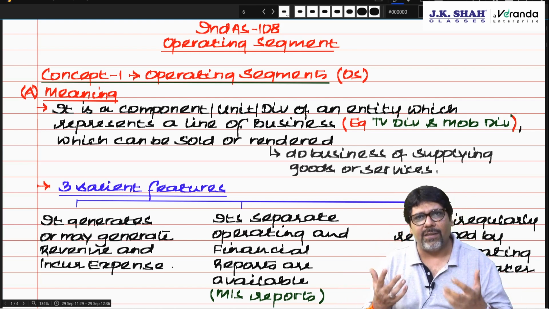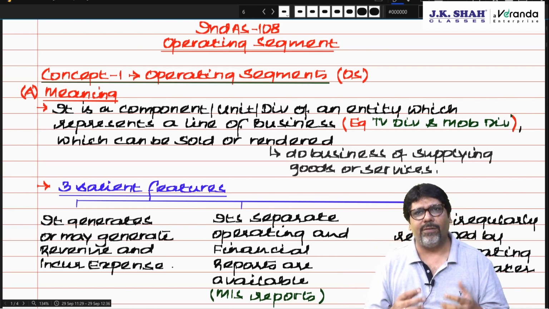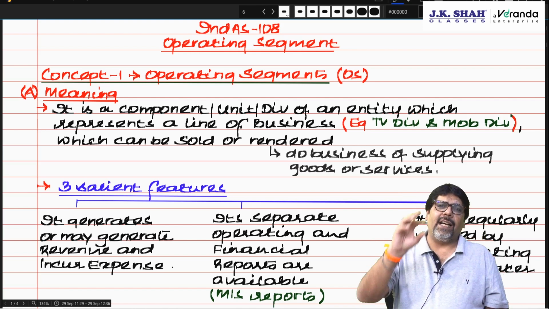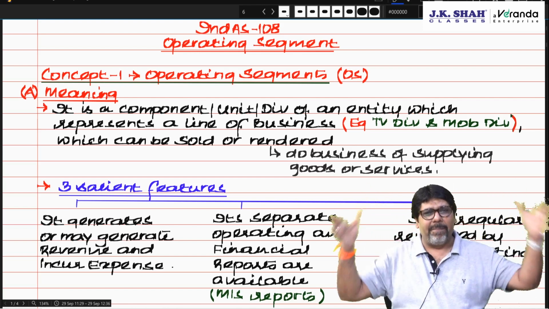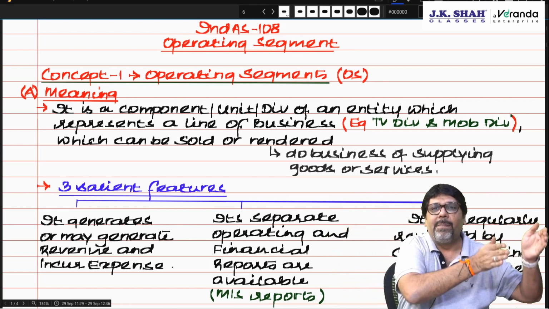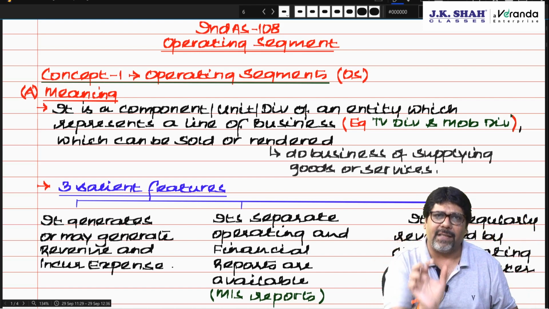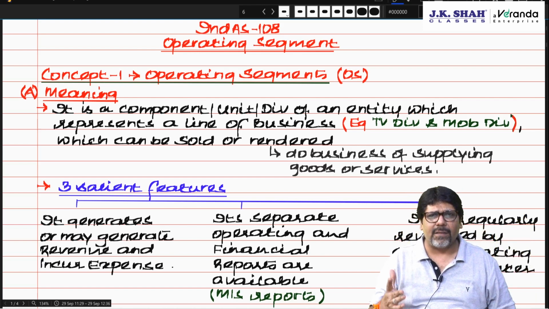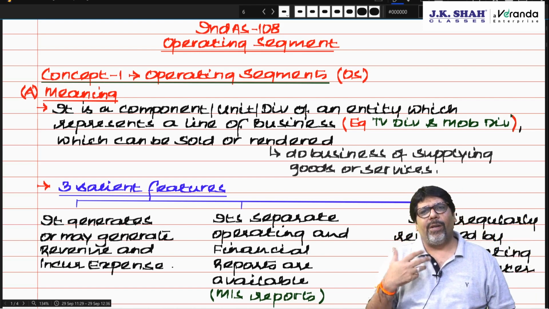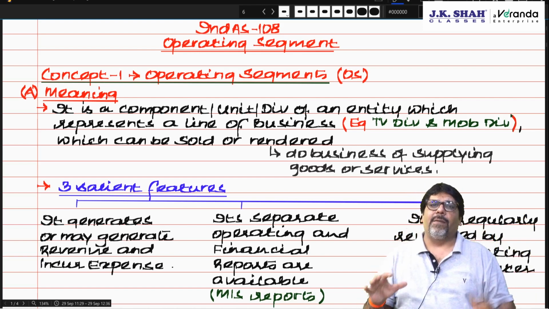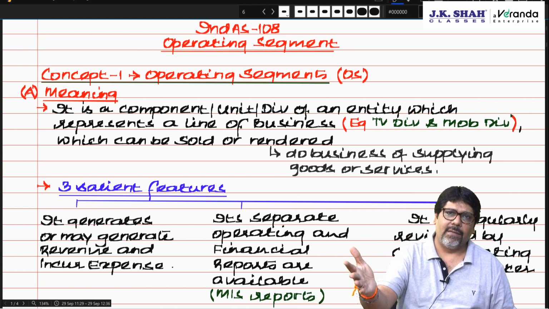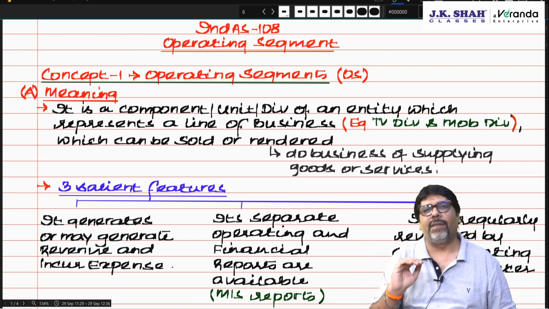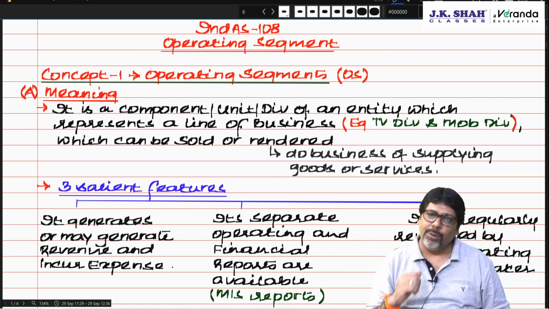Basically, instead of putting it into words, you might be understanding that in a big business there are small businesses, and each separate business is known as a segment. Am I clear? Like if you go into a Raymond showroom, they have two segments. One is tailoring and the other is suiting and shirting.